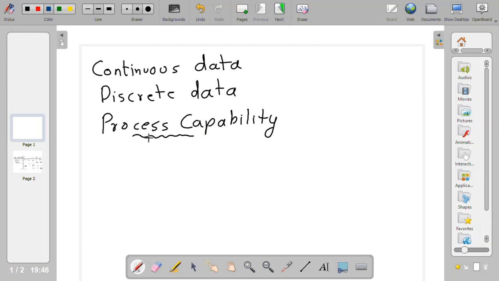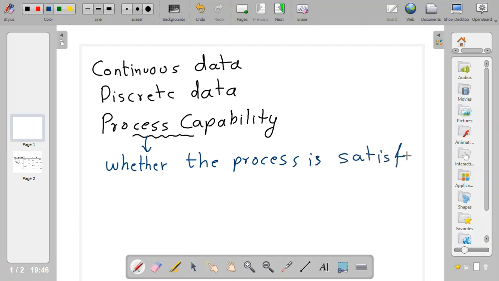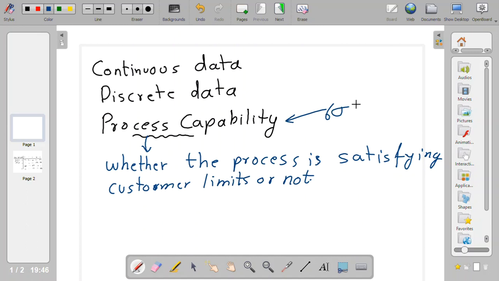With the help of process capability we are checking whether the process is satisfying customer limits or not, okay? Customer limits or not. So that is process capability. We denote it by 6 sigma, okay? This thing we have already discussed, okay?